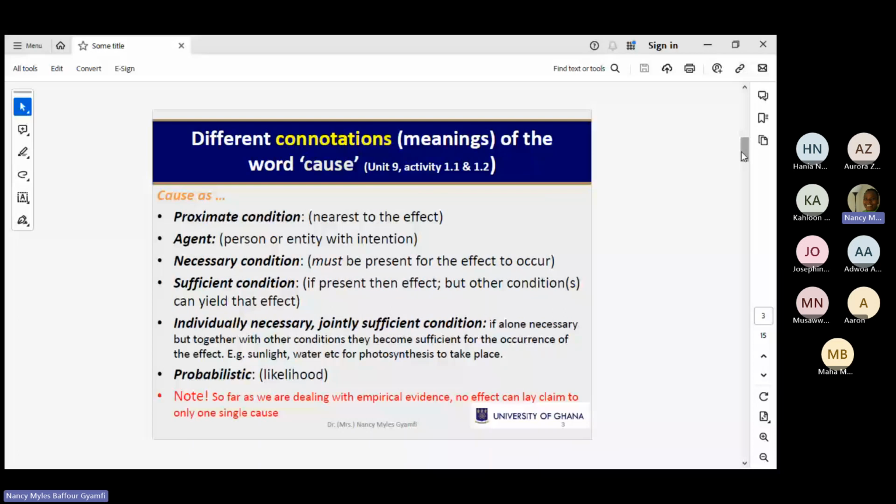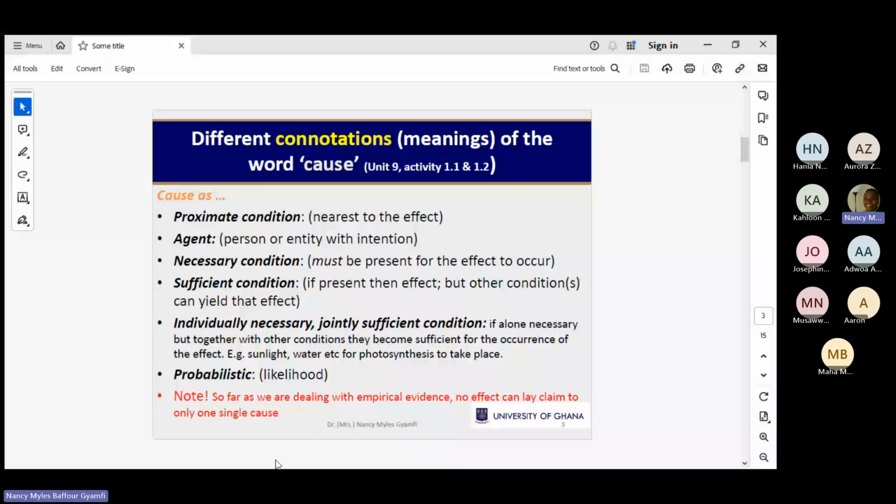So I gave you some instances yesterday in my bid to help you understand the different connotations of the word cause. Sometimes when people talk of the cause of something, they actually have in mind proximity. What was the most immediate event that preceded the effect? What happened just before the thing that we are diagnosing?